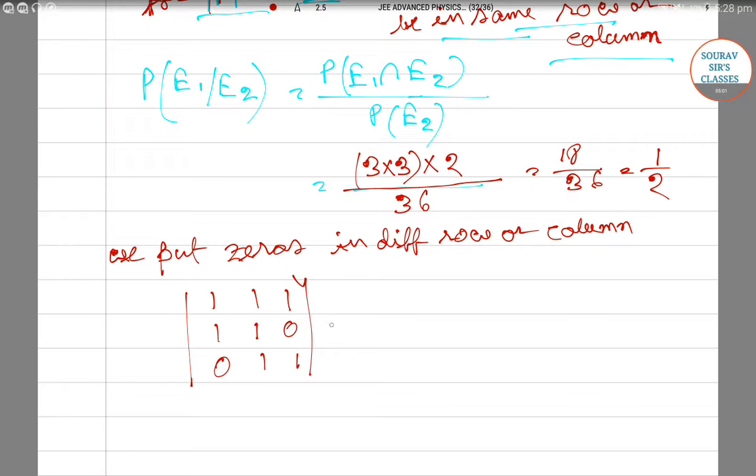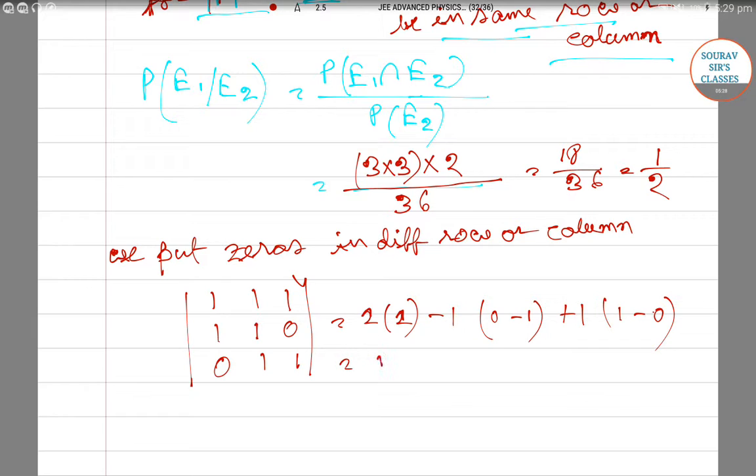So if we take the determinant of this, this is 1 into 1 into 1 minus 0, minus 1 into 0 minus 1, plus 1 into 1 into 1 minus 0.